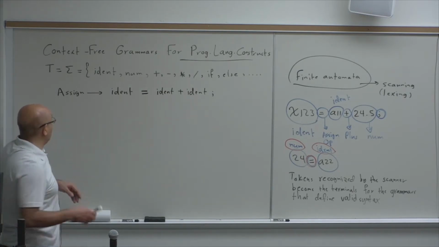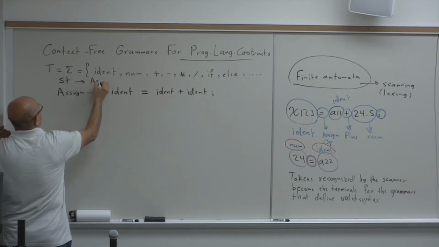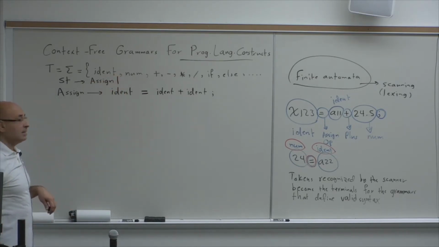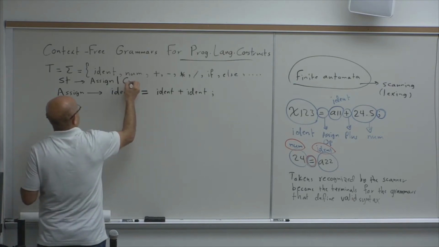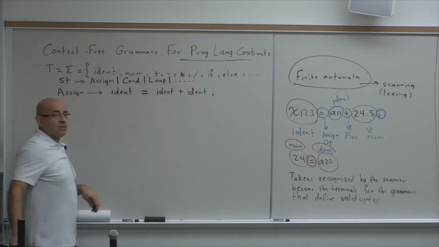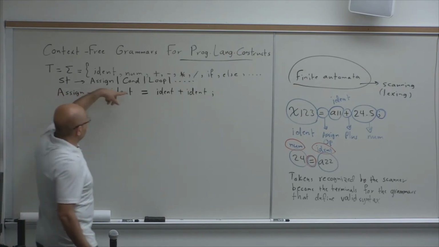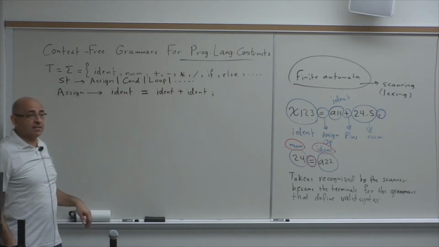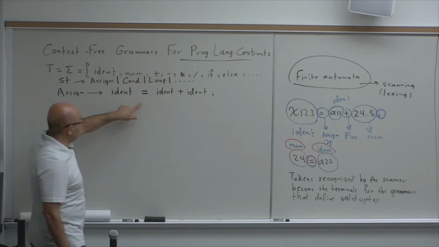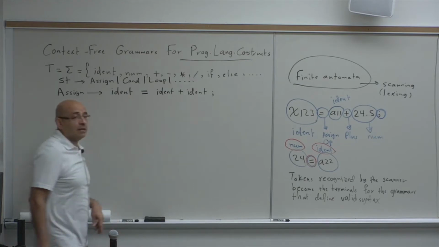and in fact, on a higher level, you will have something like a statement is an assignment or other kinds of statements, like conditional statement or loop or others. So let's not worry about this. But a valid statement is going to be an assignment statement or a conditional or a loop or other kinds of statements. The assignment statement consists of an identifier, then the assignment operator, then another identifier added with another identifier.